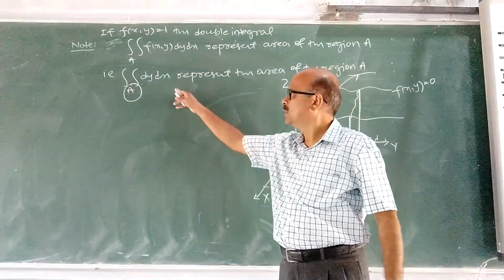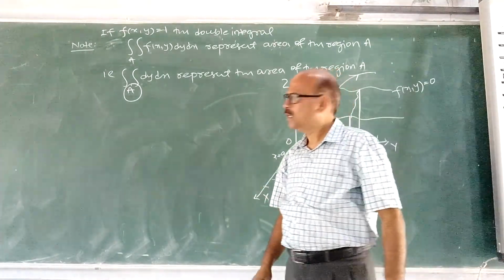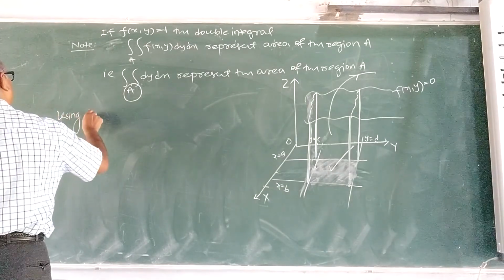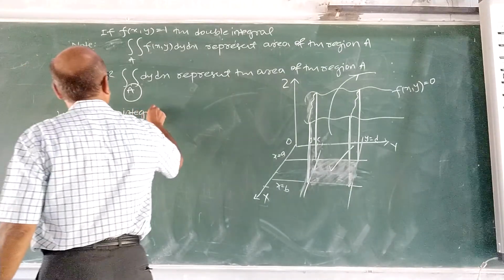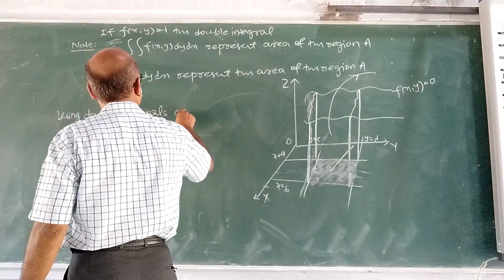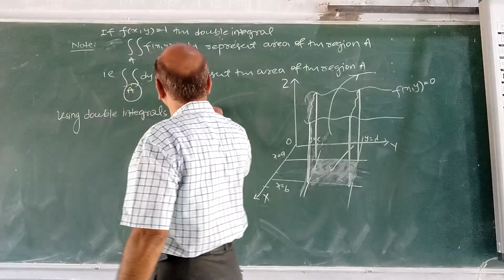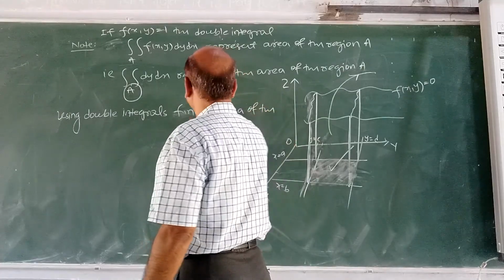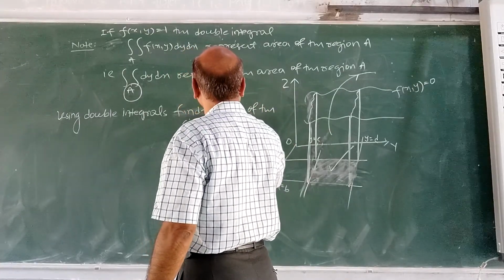Now we use this to find some areas. Using double integrals, calculate or find the area of the circle x square plus y square is 1.